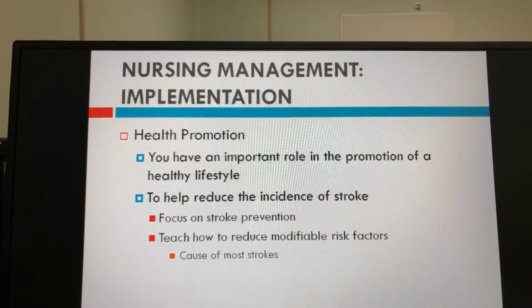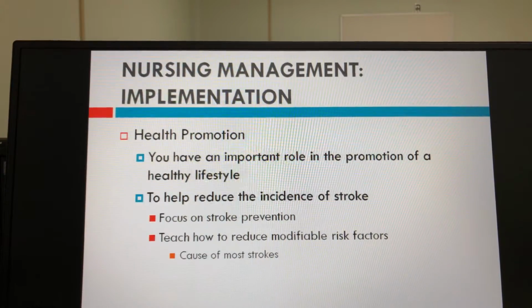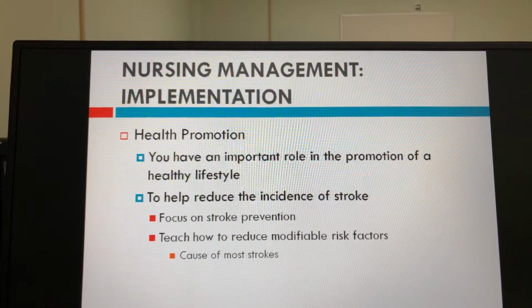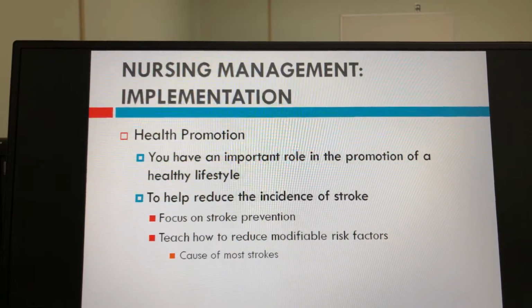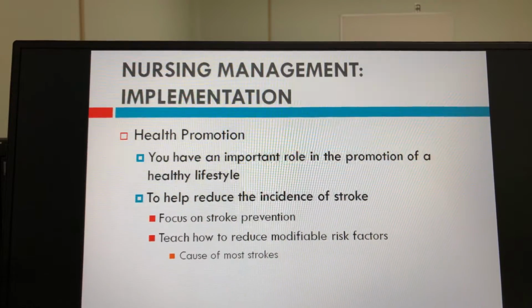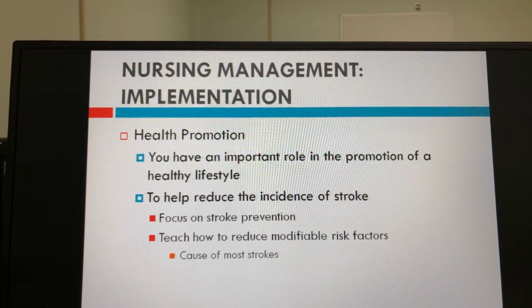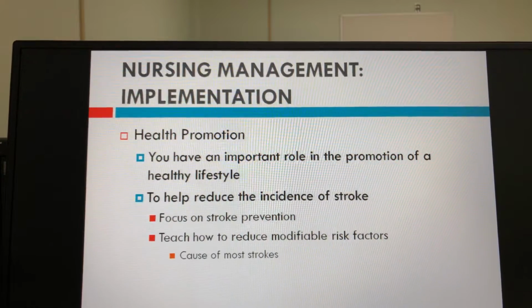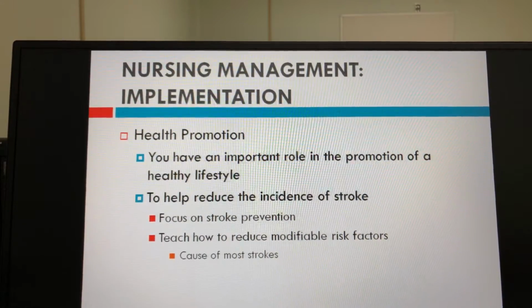So we really need to be involved in blood pressure screening and ensuring that patients adhere to the use of their antihypertensive medications and home monitoring of the blood pressure. We really have a problem with our men taking those antihypertensive drugs because they do have a tendency to make men impotent.